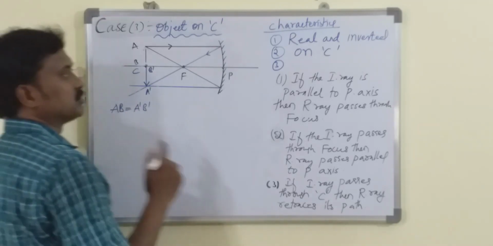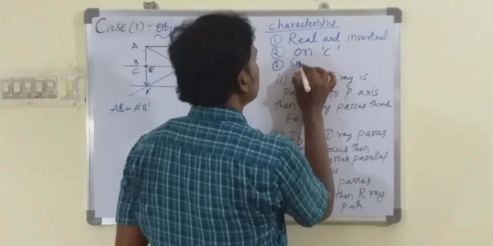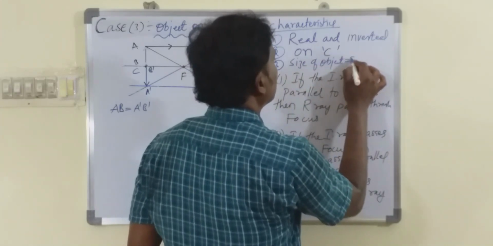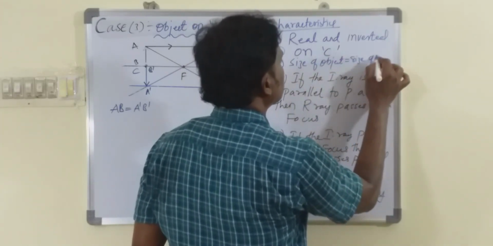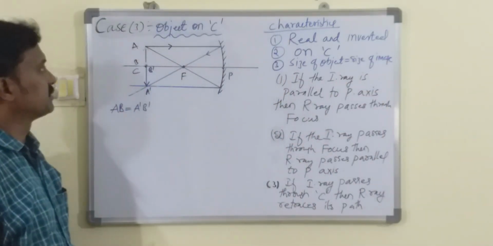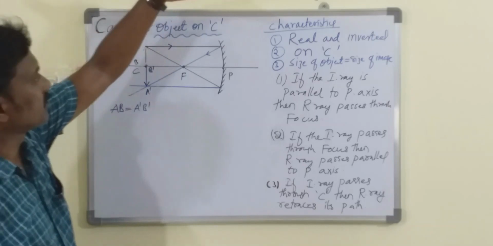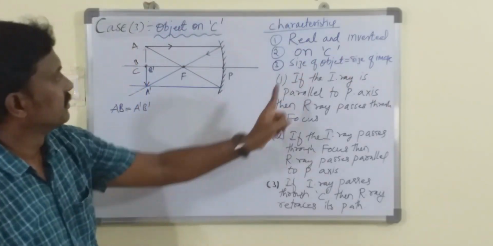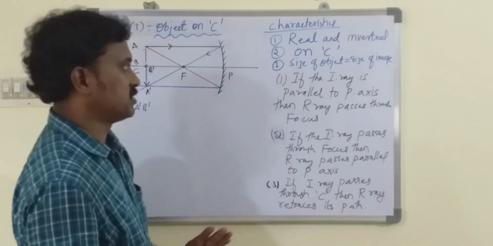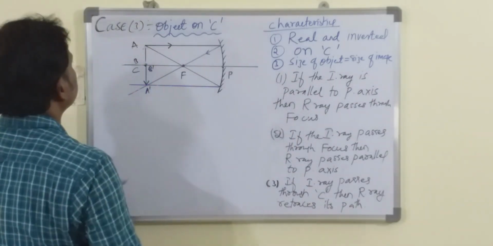Both are same. So therefore we will say the size of object is equal to size of image. And this is a very special case. When the object is on C, what are the characteristics? Real and inverted. The image is on C, and the size of the object is equal to size of the image. I will go for case 4.